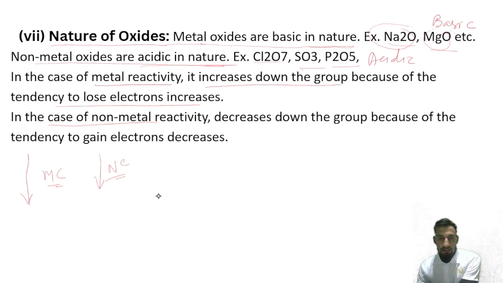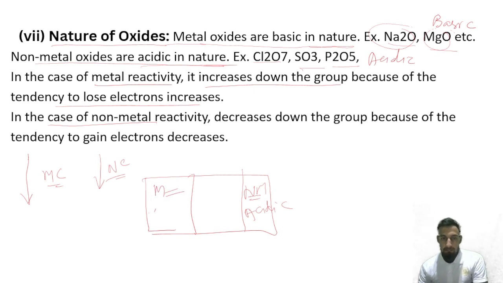So when we see elements to the right are non-metallic, hence their oxides are acidic in nature. And elements to the left are metallic, and hence these oxides are basic in nature. This is the property of basic and acidic nature of oxides of metals and non-metals.